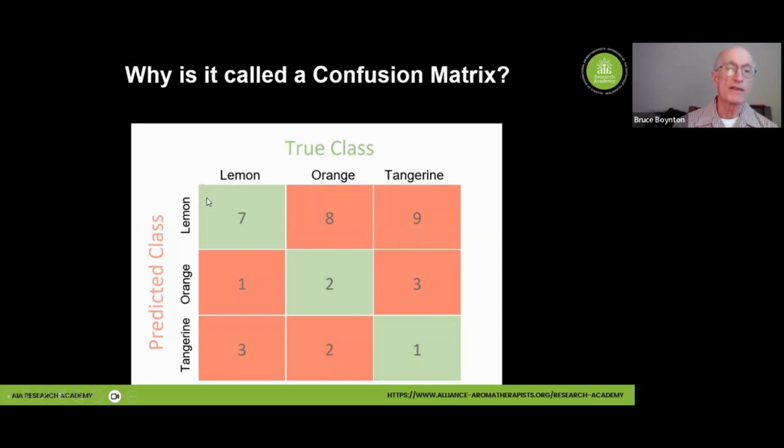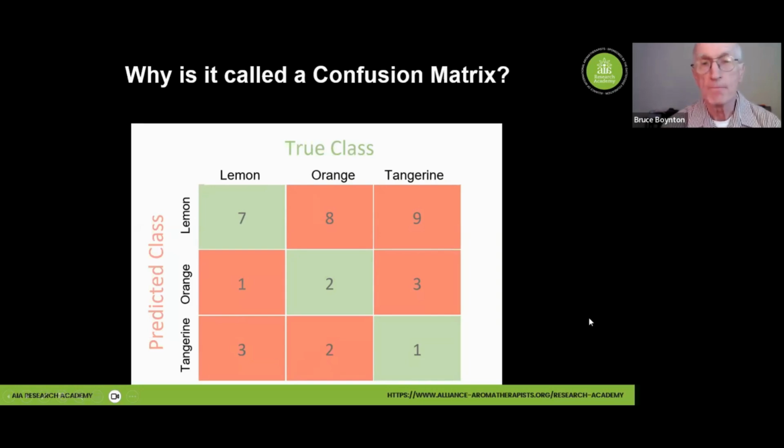Now you notice that this diagonal, the one in green here, is where it really was a lemon, and the child predicted it was a lemon. Here, it really was an orange, and the child said it's an orange. And here, it really was a tangerine, and the child said it was a tangerine. So all this diagonal are correct answers. All of these others are either false positives or false negatives.